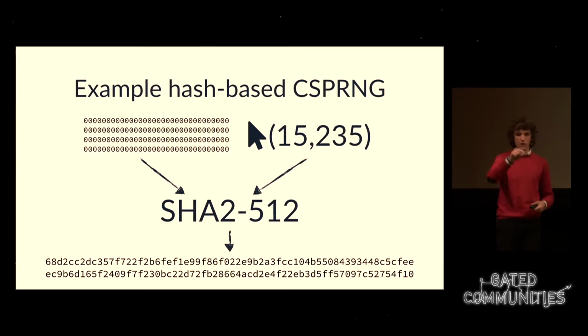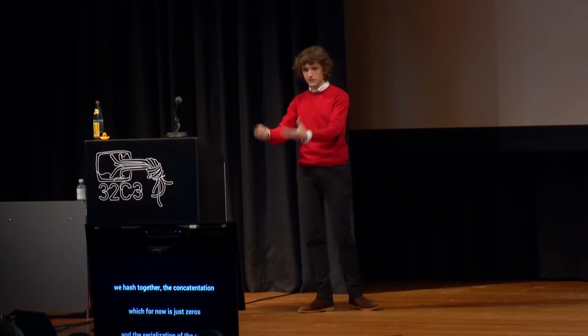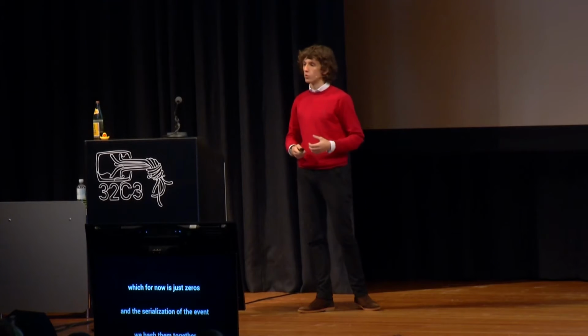For example, mouse is at position 15,235. And we hash the concatenation of our pool, which for now is just zeros, and the serialization of this event. We hash them together, we get an output, and that's our new value of the pool.